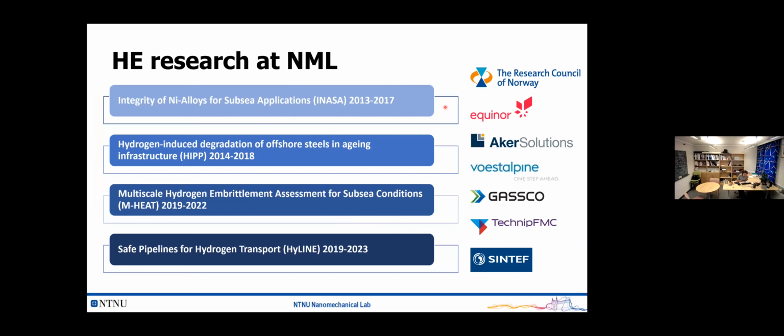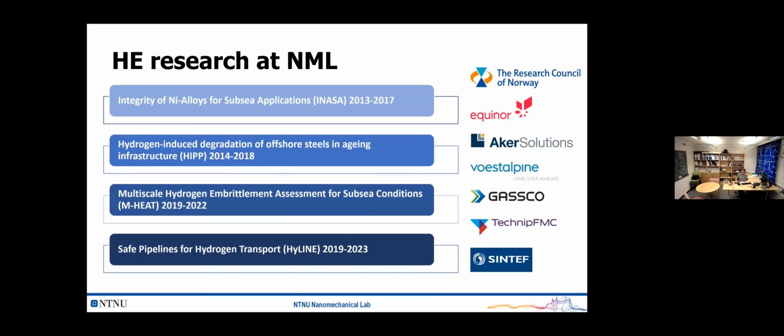The research about hydrogen embrittlement in our group started around 8 years ago. In the whole history, we collaborated very closely with the Norwegian industry. Here are the 4 research projects we have had previously and now ongoing.